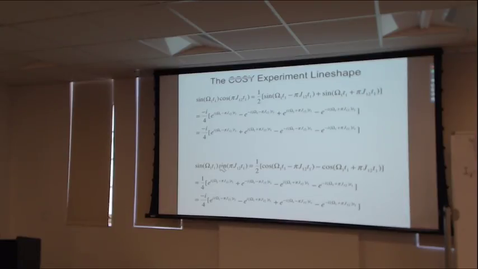So I associate sine modulation by a scalar coupling with an antiphase doublet. Cosine gave the in-phase doublet, sine gives the antiphase doublet. And once more, I end up with this factor of i. The sine term means that I have a dispersive signal.